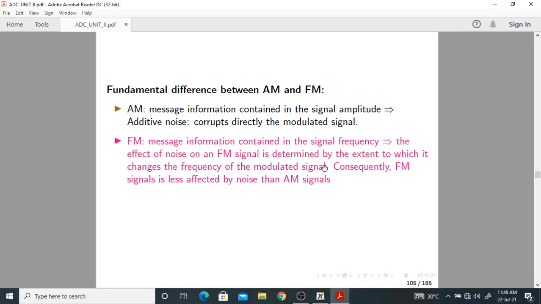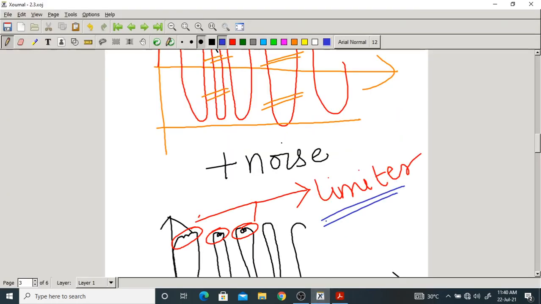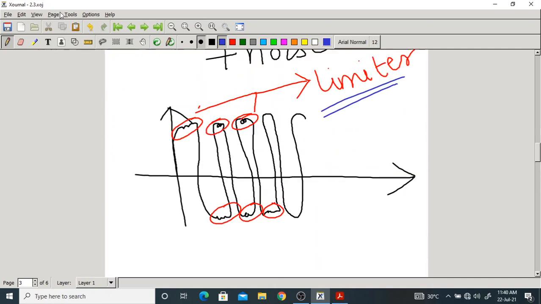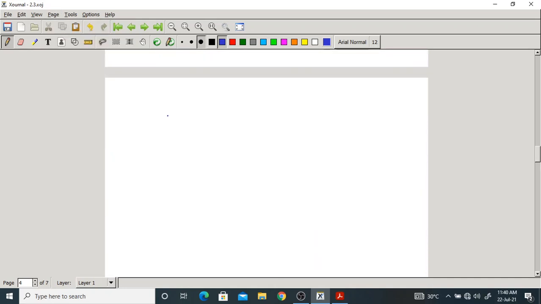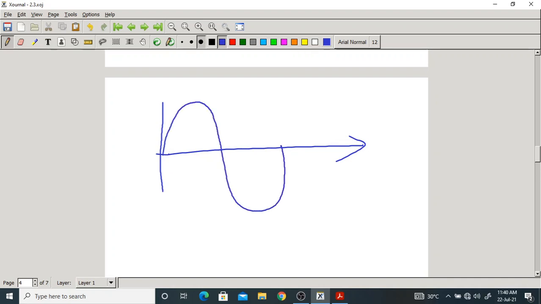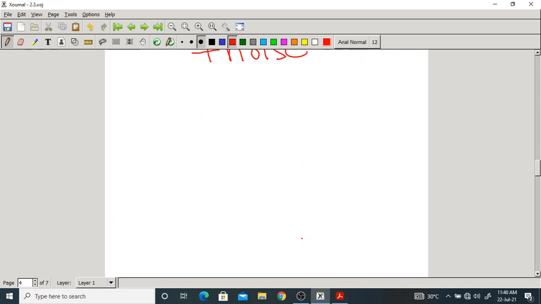Generally, noise will affect or disturb the amplitudes, not the frequencies. Let us take a simple thing. Let us take an amplitude, something like this. We have a signal. This is the frequency, this is the amplitude A. Suppose noise is added to the signal. What would be the resultant signal?